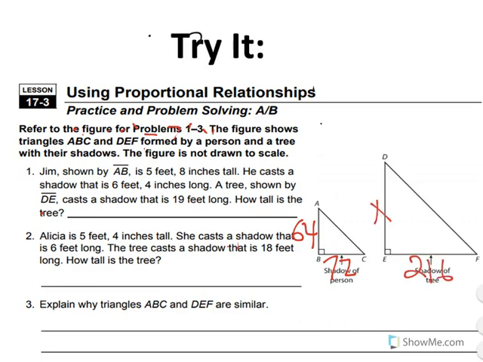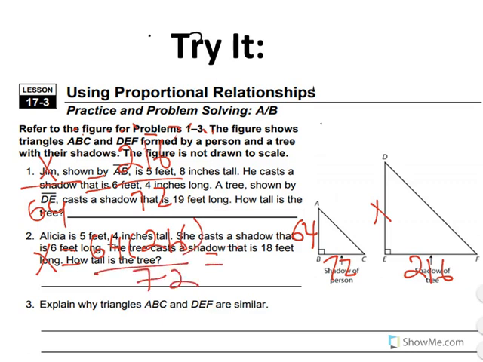Right, so now you can set this up. You can say X over 64 equal to 216 over 72. So then solve for X, so X equals 64 times 216 over 72. And then from there, just use your calculator.